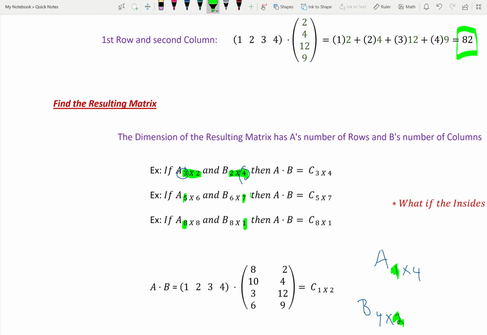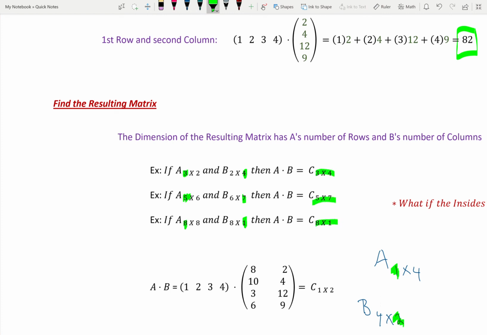Now, one thing you want to notice here is, if we go back to these previous examples, we were looking at the outside, meaning 3 and 4, 5 and 7, 8 and 1. We're looking at the outermost numbers to find the dimension of the result.